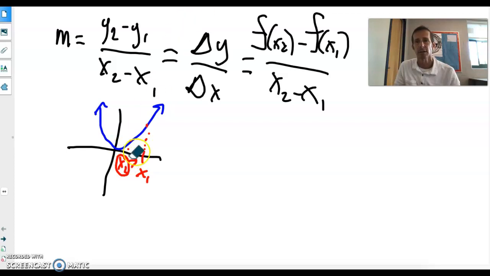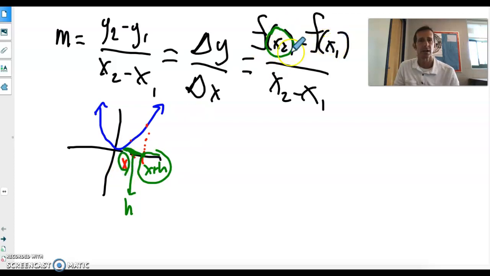So what I really can say is, if I come down here and change some of this notation, I could call this x, and I could call the distance between these two points some distance h, which would make this second point x plus h. So now this is my second x value, and this is my first x value.